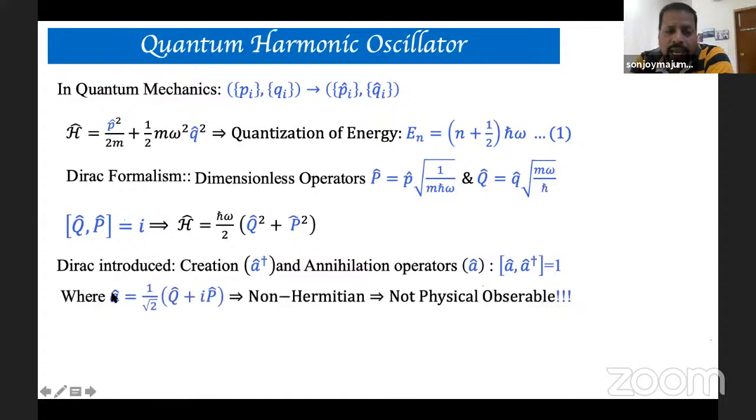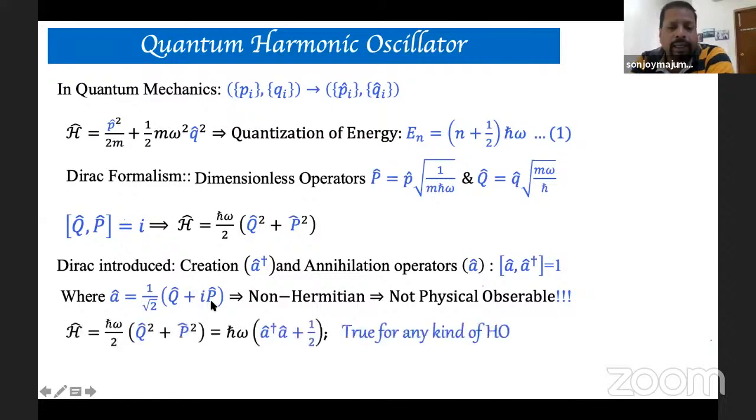We can write this annihilation operator in terms of the dimensionless canonical conjugate operators Q and P. One important point about the property of the creation and annihilation operators, as you see from this expression, is that they are non-Hermitian. That means you will not be able to measure them, so it's not possible physically to observe them.